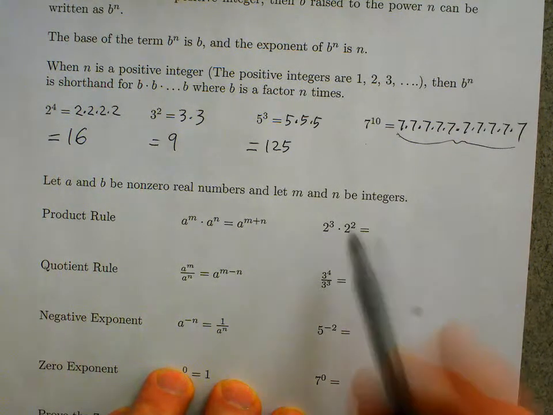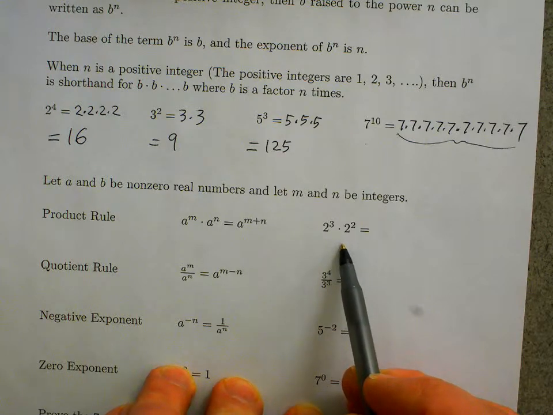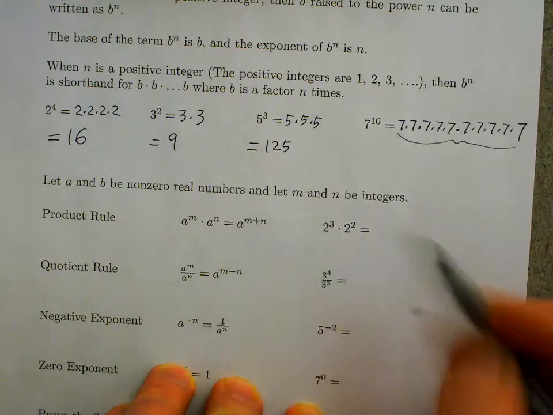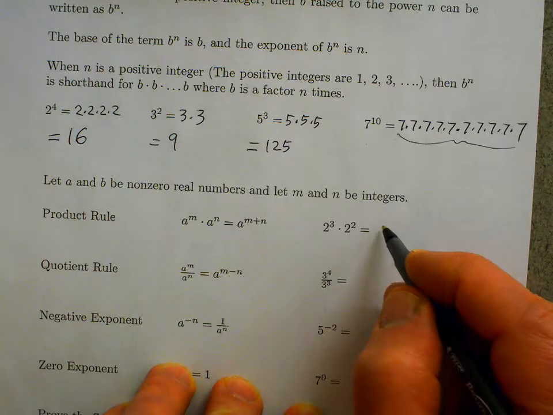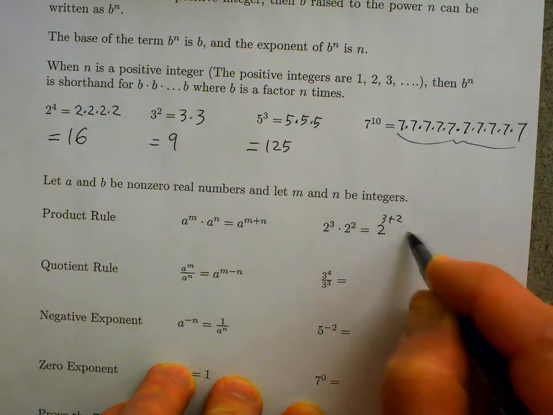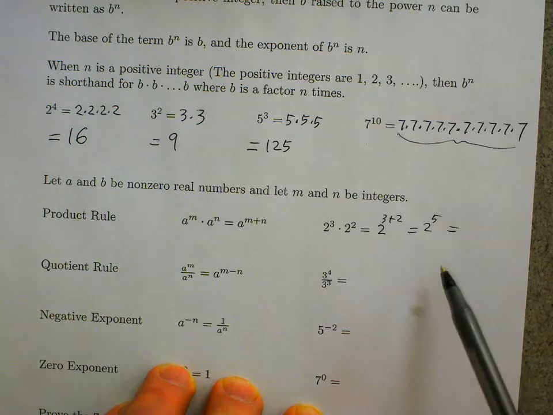Okay, if you have something like this, 2 to the third times 2 to the second, we can write it using this property. 2 to the 3 plus 2, or 2 to the fifth. And 2 to the fifth is 32.